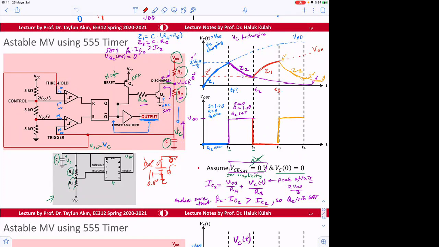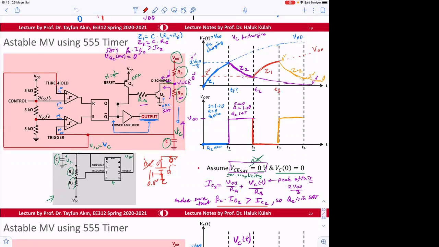Okay, friends, we were seeing the 555 timer and how we can make different multi-vibrators with this device. One of the options is to make an astable multi-vibrator.